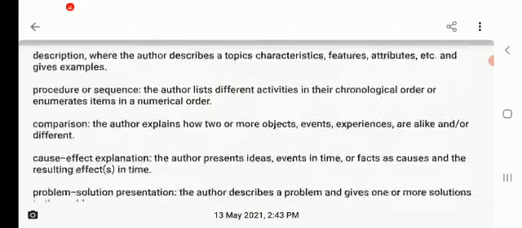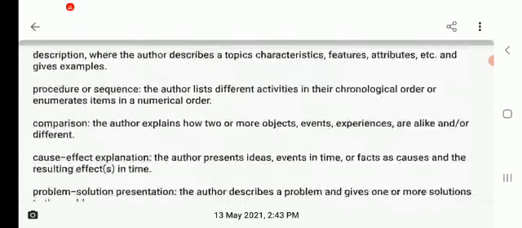Then comparison. What is comparison? The author explains how two or more objects, events, or experiences are alike or different. It means the author compares the work between the two.